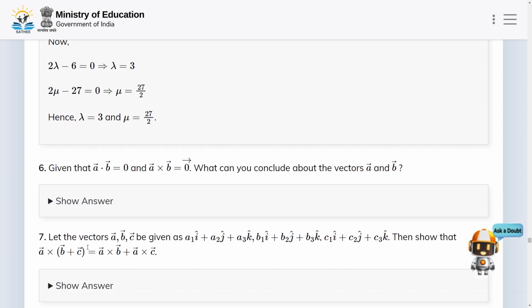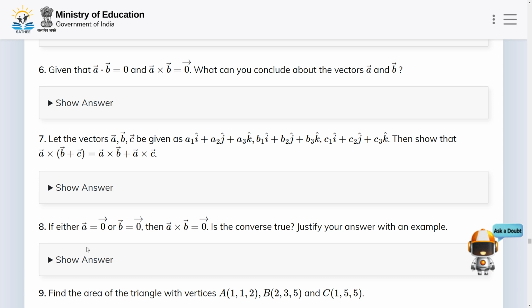Now sixth problem. Given that A dot B is 0 and A cross B is also 0 vector. Here it is scalar 0, as you know that it is a scalar product, and here it is 0 vector because cross product gives you a vector.